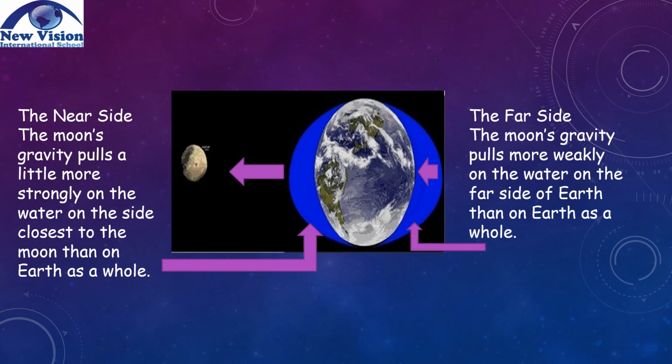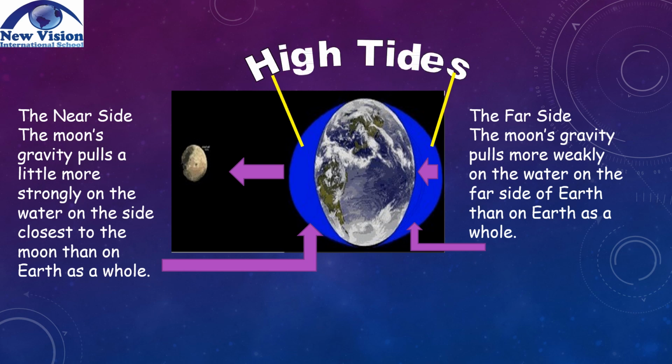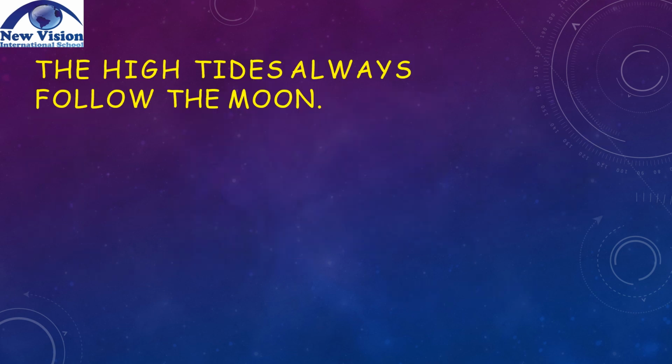Halfway between the high tides, water flows toward the high tides, causing low tide. So in these areas, it is high tides, and these areas are low tides. Always remember, the high tides always follow the moon.